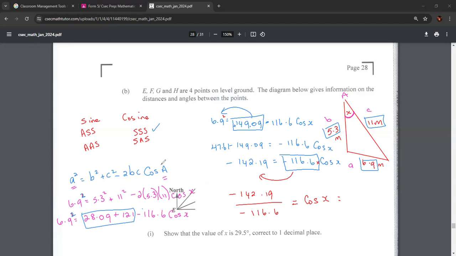Right, so 47.61, take away 149.09, and I got here, when we subtracted it, we ended up getting negative 101.48. So when I brought this across, it will be 101.48 divided by this.